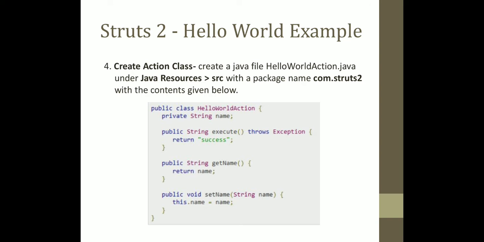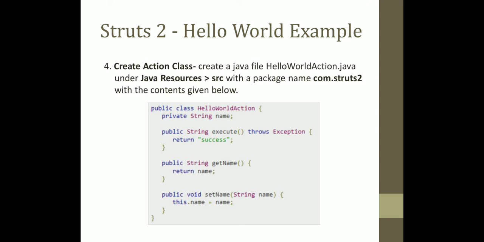You can see we have created one public class HelloWorldAction, and in that we have defined a String with a private attribute. So private String, and the variable name is name. Then public String execute is a function, so it will throw an exception and return success.